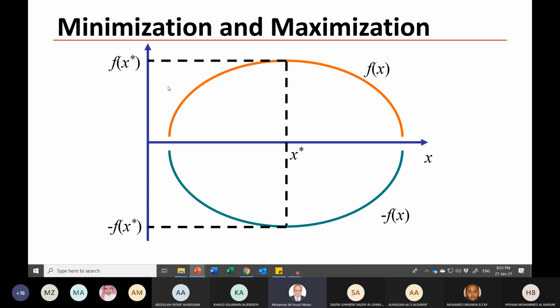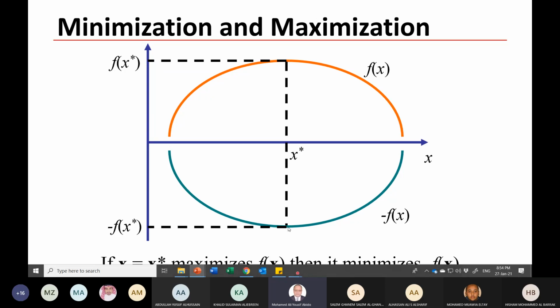If you multiply this function by a minus sign, this is the minus f of x now. So this X star represents, in this case, the minimization problem. This is the global minima here. For the function, this is a global maximum. For the inverse of the function, minus f, this becomes the global minima.